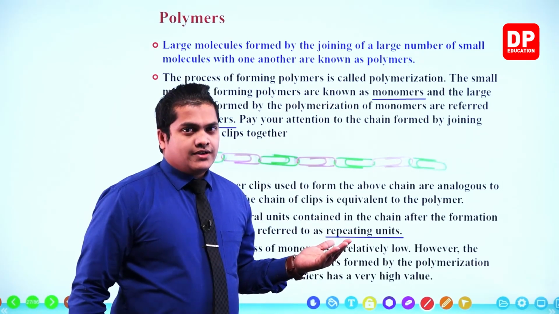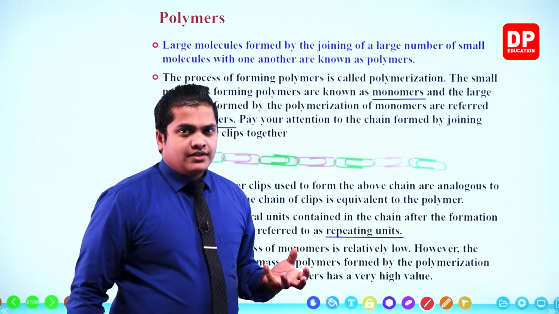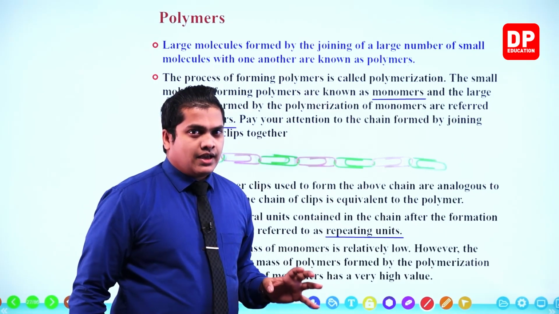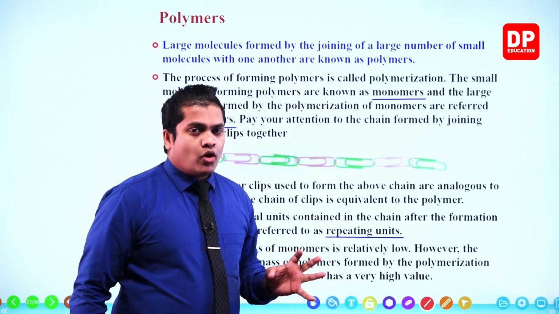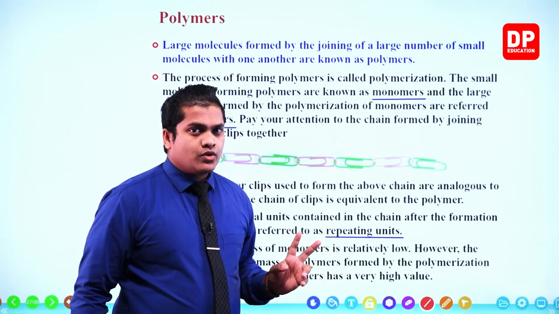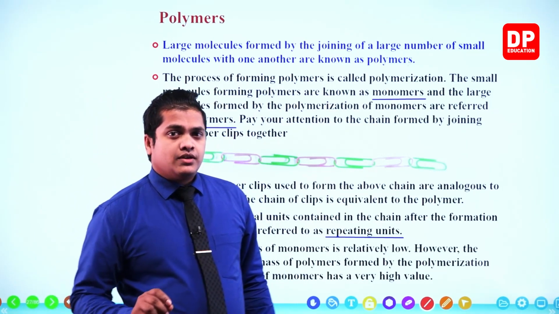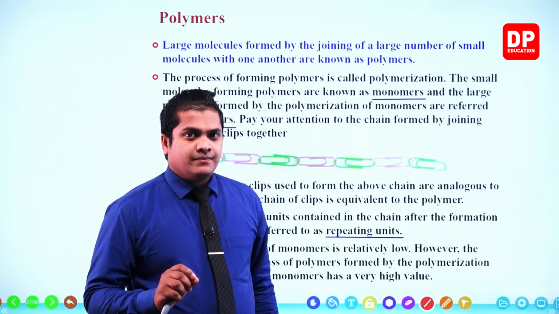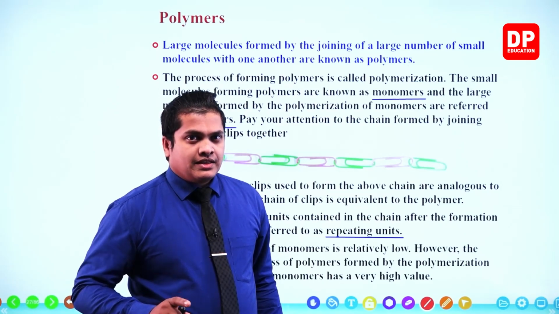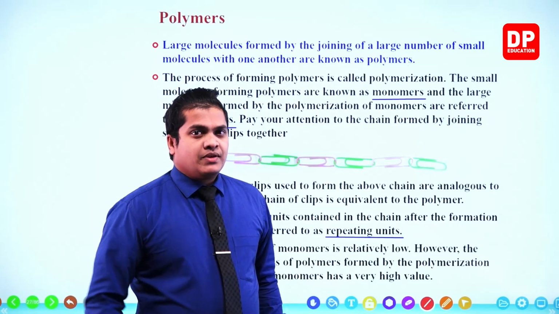Here we have to use ethene. Ethene has 4 hydrogen atoms and 2 double bonded carbon atoms. When you take the relative molecular mass of ethene, 12 plus 12, 24, then there are 4 hydrogen atoms, 1, 2, 3, 4, altogether it becomes 28.